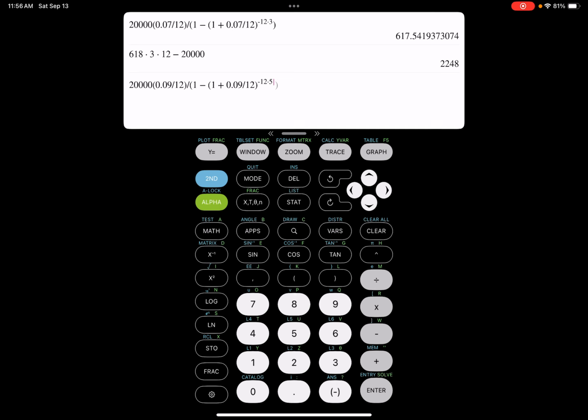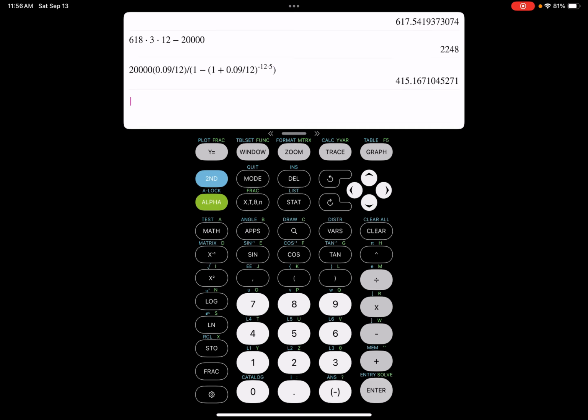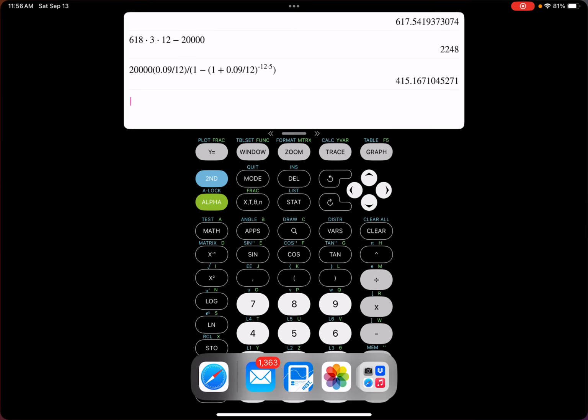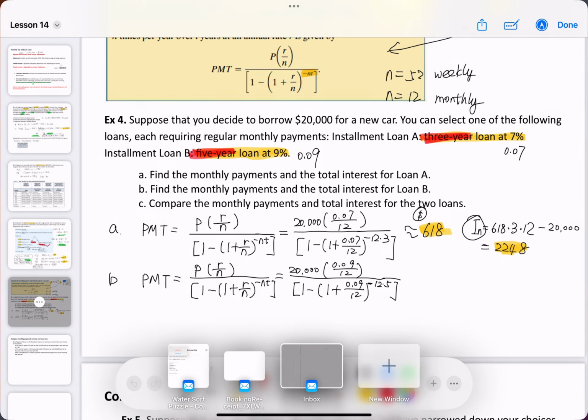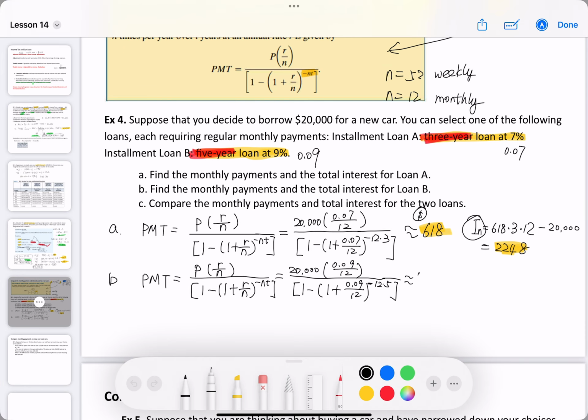N is 12, t is 5 years. Move your cursor down, close the parentheses, hit enter. Okay, round it to the nearest dollar, it is $415 each month. Okay, what is the interest?